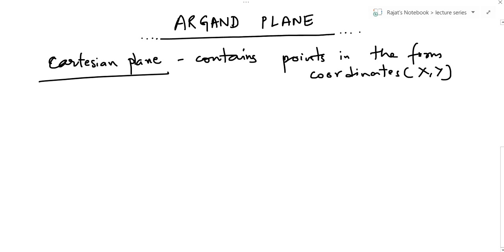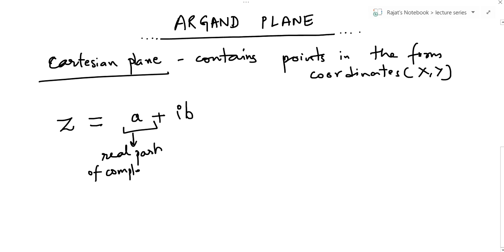So a complex number we generally represent by the letter z. Any complex number can be written as a plus ib. In such a complex number, a represents the real part, and b represents the imaginary part.